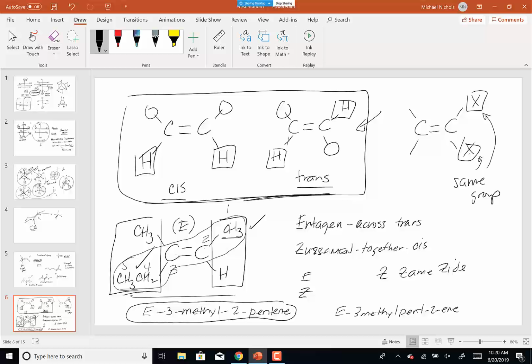And then they introduced the Cahn-Ingold-Prelog sequence rules with alkenes, and I decided to do it with stereochemistry, but it doesn't matter. That makes this pretty straightforward, I guess. You just have to remember to put the cis or trans or E or Z in there.